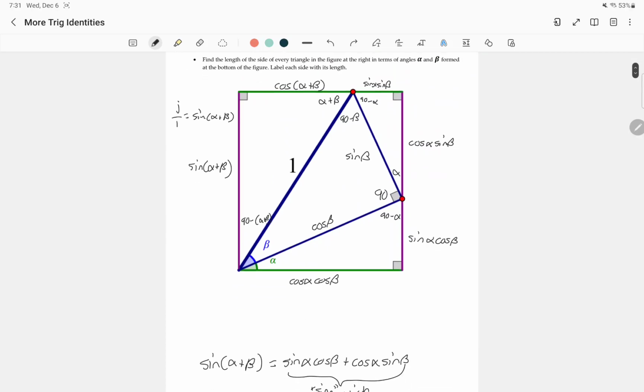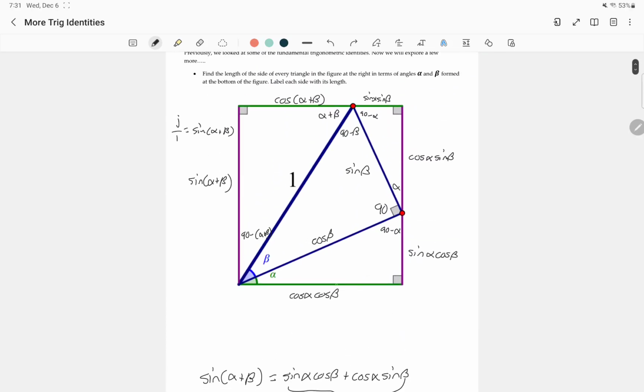Now, moving on, we'll use cosine. It looks from here that this side has to be equal to this green side. So we have cosine alpha times cosine beta is equal to cosine of alpha plus beta plus sine alpha sine beta.